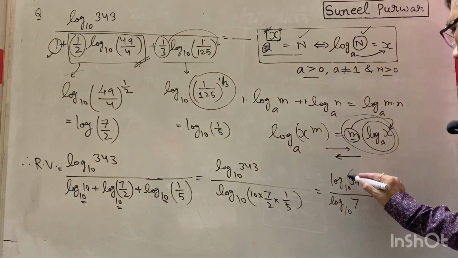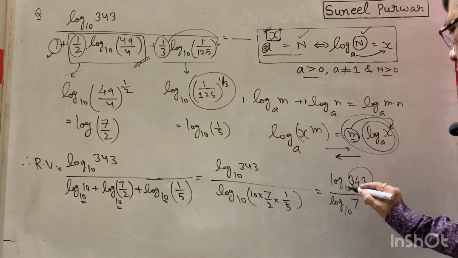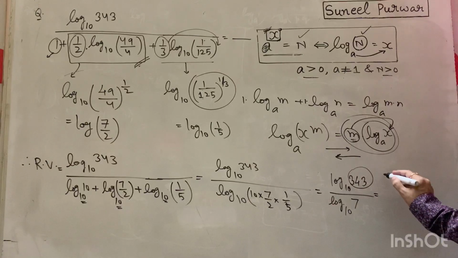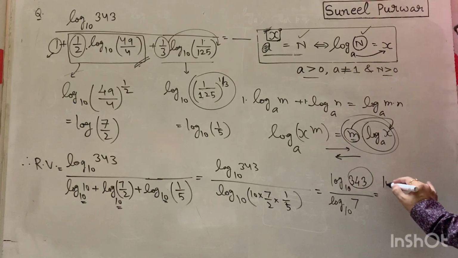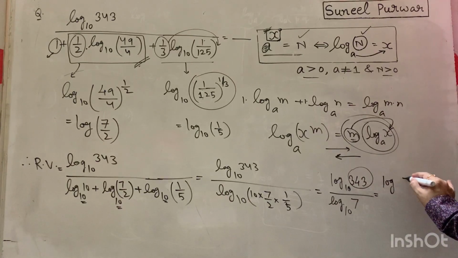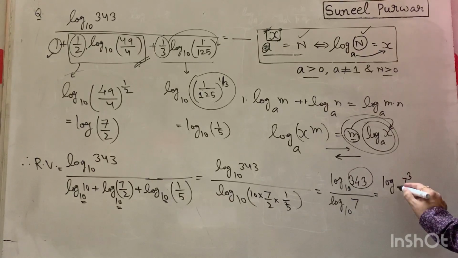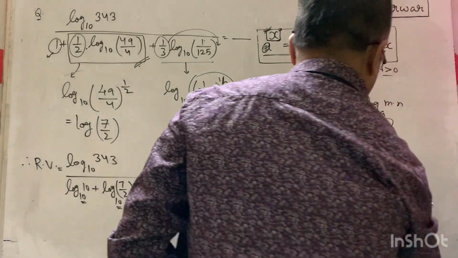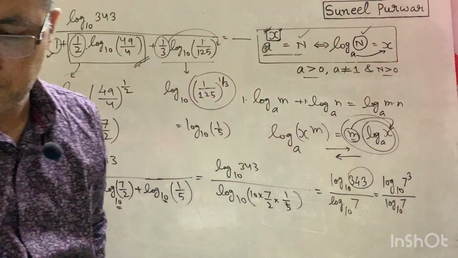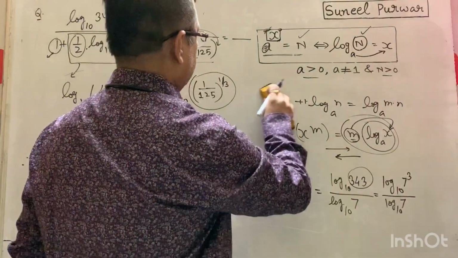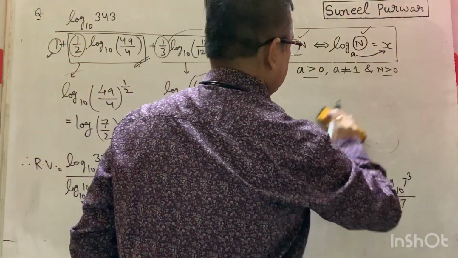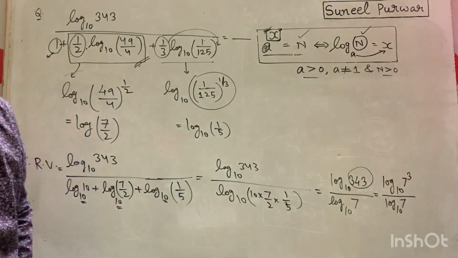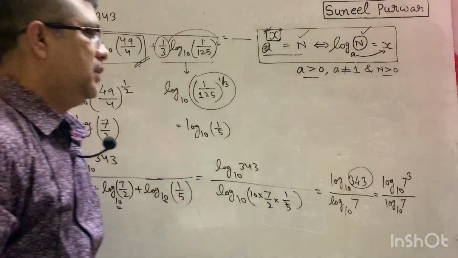Now you know 343 has got some special connection with 7. What is it? 7 power 3. 7 power 3 is what? 343 base 10, and this is what? Log of 7 base 10. I hope you have already got the answer. 3.